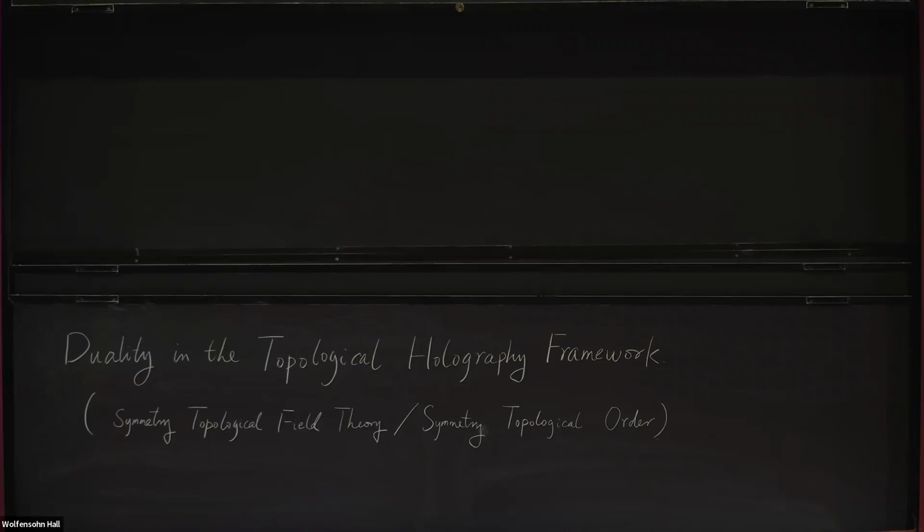So from my perspective of working on this subject for a while, the power of doing things in this framework is the separation between what we usually call the kinematic part of a system versus the dynamic part of a system. The kinematic part may involve degrees of freedom, dimension, or the symmetry of a system, while the dynamical part involves all the Hamiltonian or Lagrangian you can write down, whether it's a gapped phase or gapless phase or at a critical point.